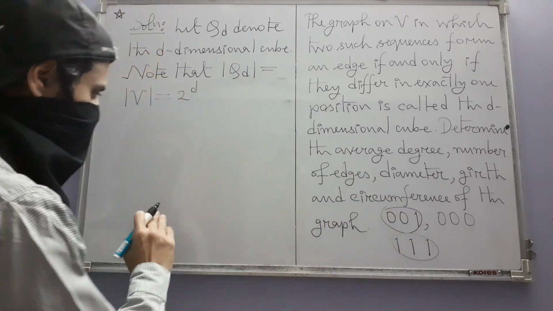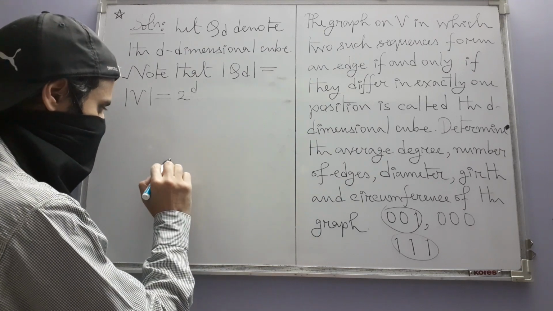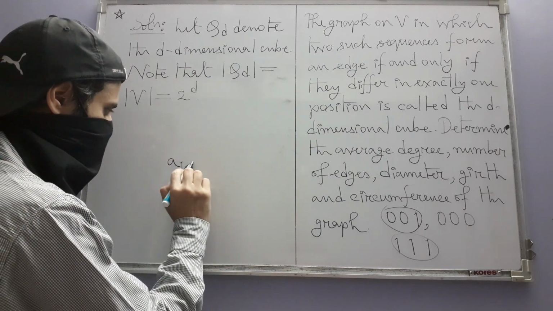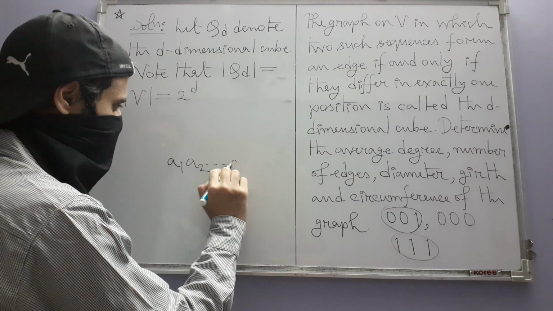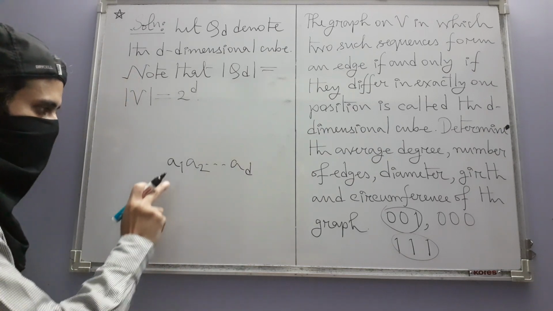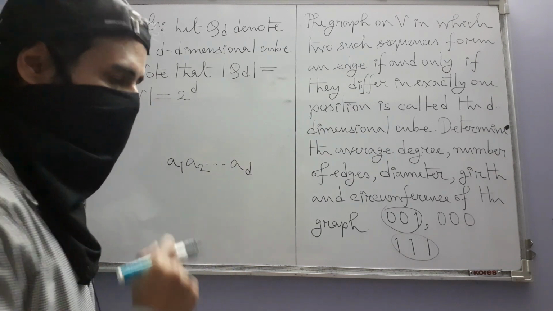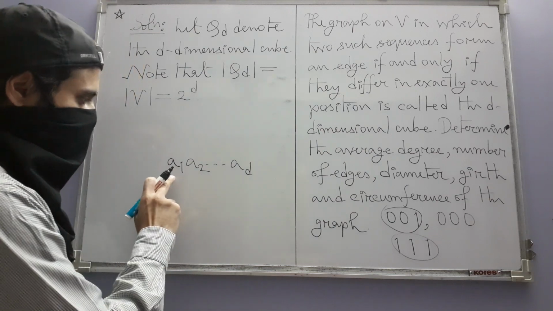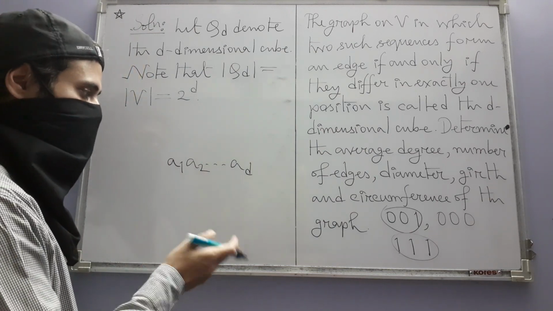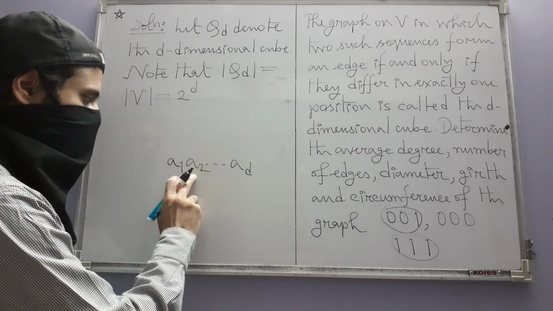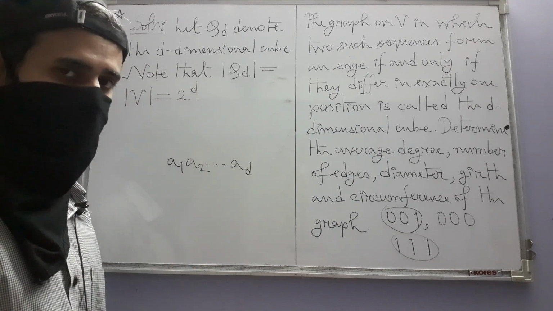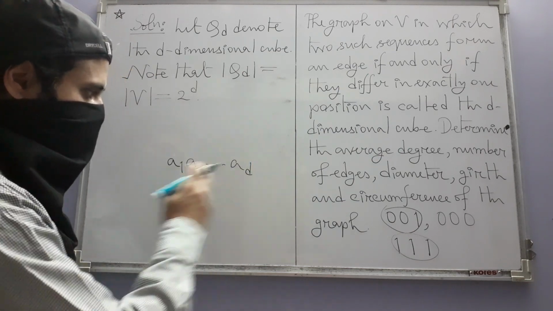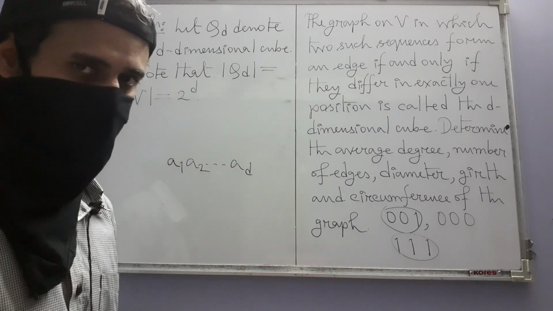That's because if you look at such a sequence of length d, it will look like this, a1, a2, up to ad, where each ai is either 0 or 1. Now since each such ai can either be 0 or 1, each one of them has two choices and the ais are all independent of one another.